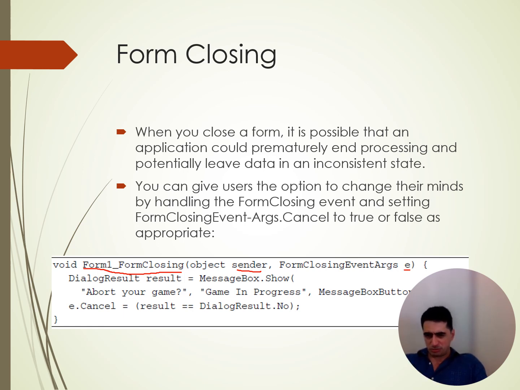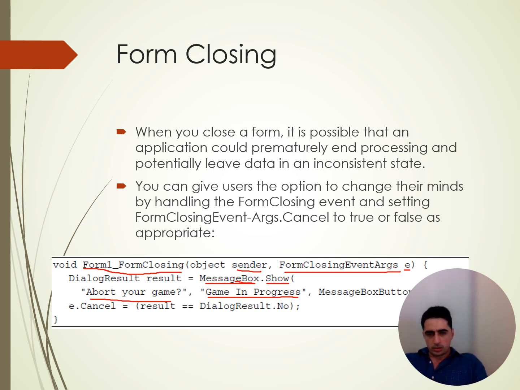This one has a more specific event arg called FormClosingEventArgs. So when the user wants to close a form, we can show a message box with the following message: abort your game, question mark. Game in progress is basically the caption of the message box. And then you basically have the message box buttons yes or no.